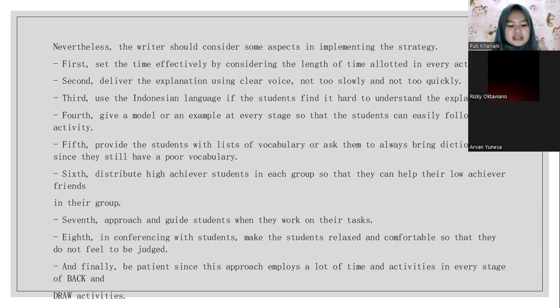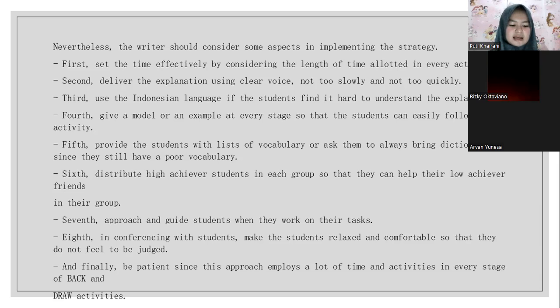Third, use the Indonesian language if the students find it hard to understand the explanation. Fourth, give a model or example at every stage so that the students can easily follow the activities. Fifth, provide the students with a list of vocabulary or ask them to always bring a dictionary since they still have poor vocabulary. Sixth, distribute high achiever students in each group so that they can help their low achiever friends in their group.